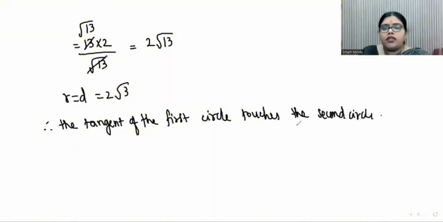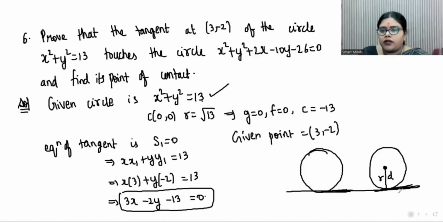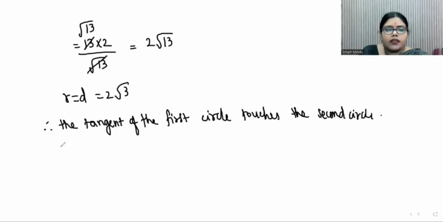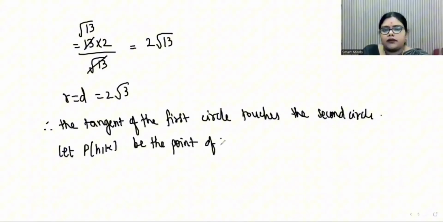Okay, now we need to find out the point of contact. We need to find out at what point it is touching. Let P(h, k) be the point of contact. And if you see the figure, the same point is the foot of the perpendicular also.